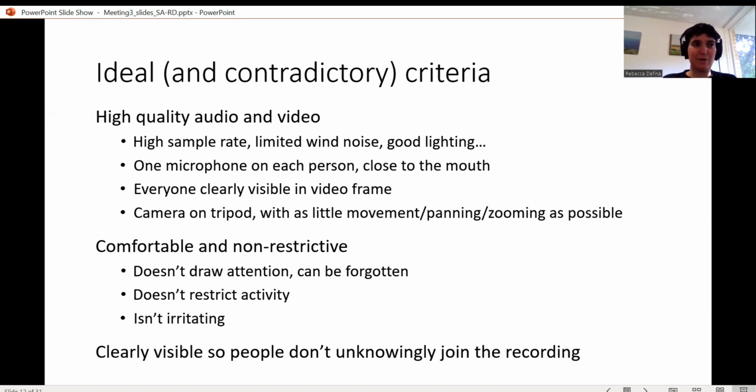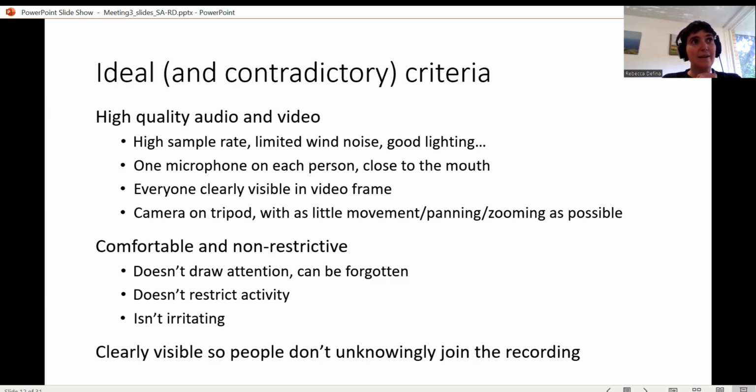And you also want the camera on a tripod so that it's not being bumped around, and with as little movement or panning or zooming of the frame as possible, so that that facilitates any analysis of gesture or other analysis of the video that you want to do.